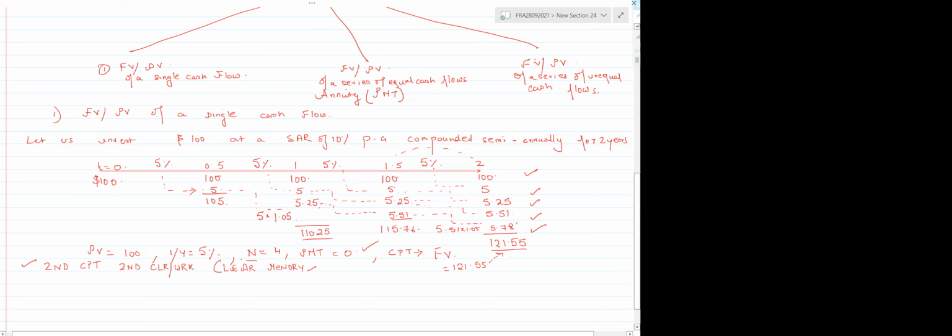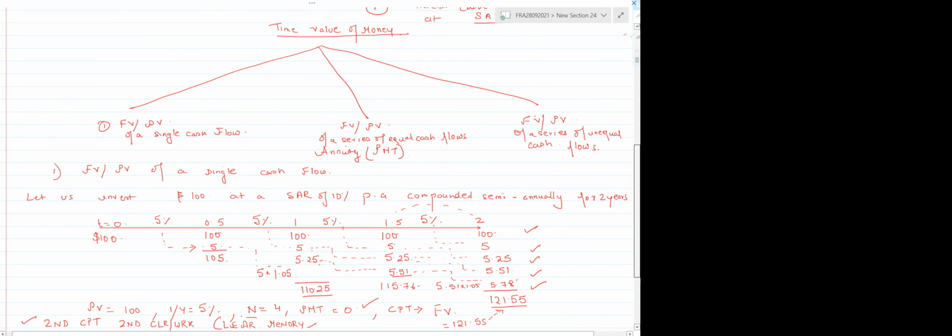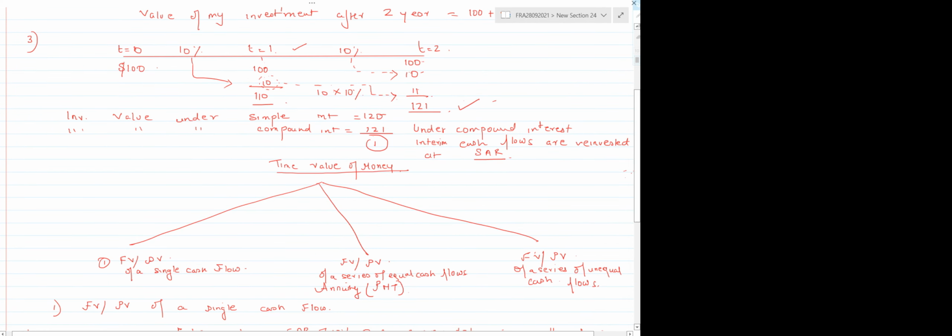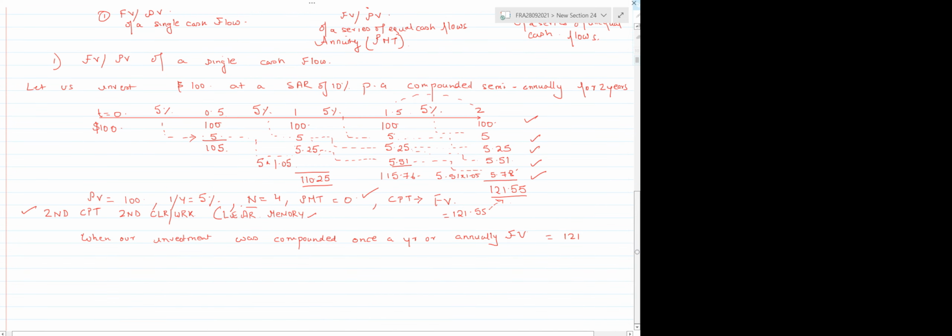Next thing to notice is that when our investment was compounded once a year, or annually, my future value was 121. My future value when I compounded once a year, or annually, was 121.